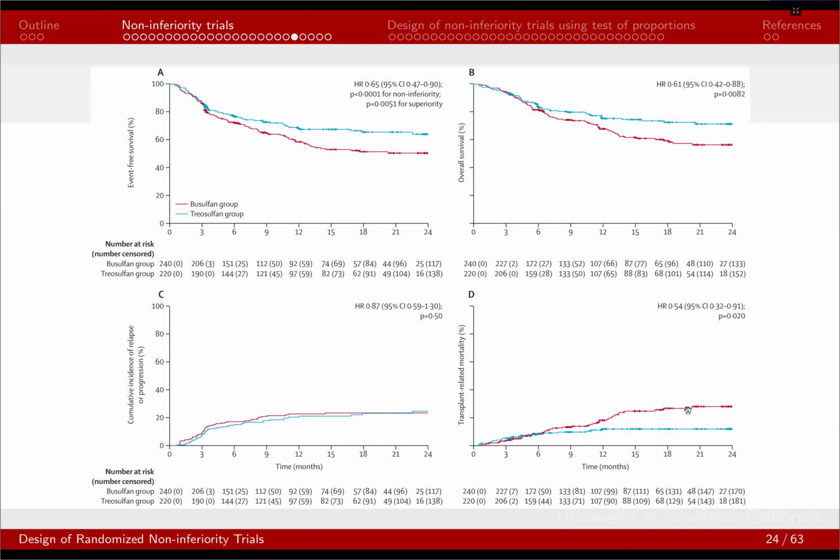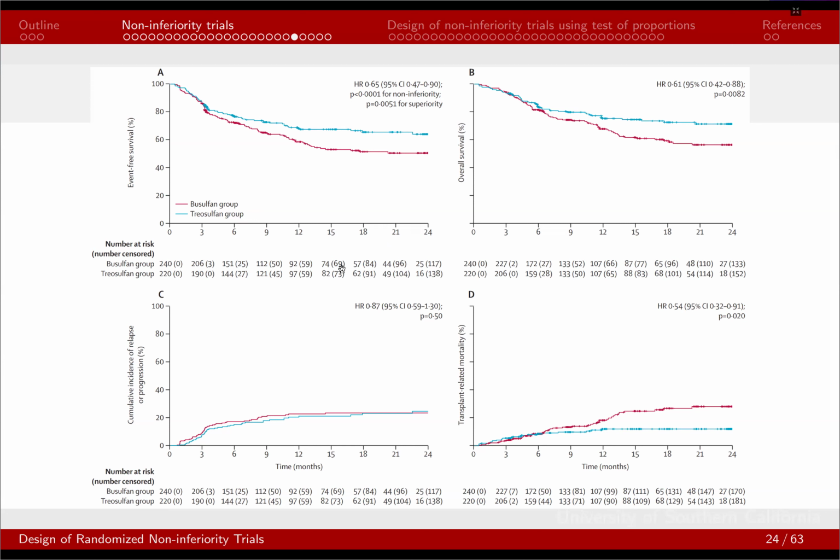So they looked at the deaths in the busulfan group. They noticed that many of those patients suffered from chronic graft versus host disease, the GVHDs. And patients with GVHDs are actually those who had infections after they received busulfan.